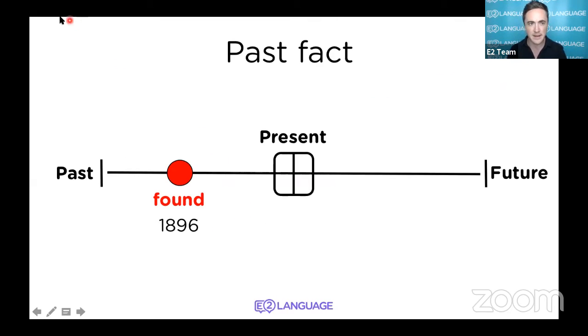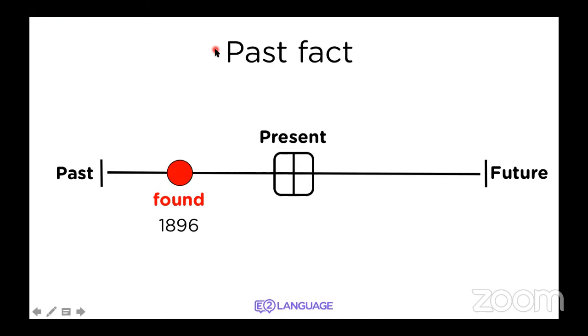Let's think about it like this. We're looking at a past fact, and this indicates how time works. Here we've got the future, like tomorrow, next week, next month, 2055. And here we've got the present, something that's happening now.